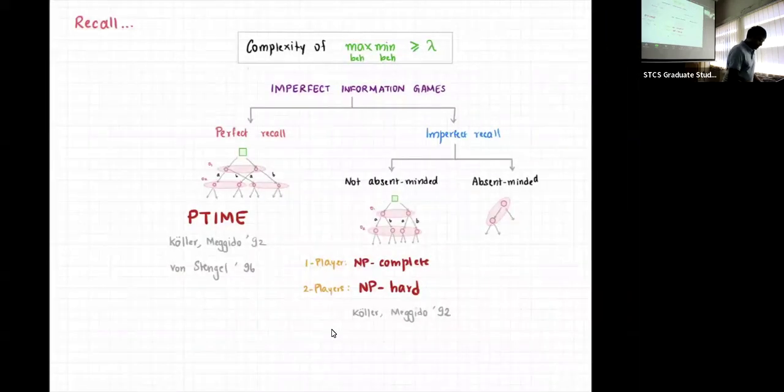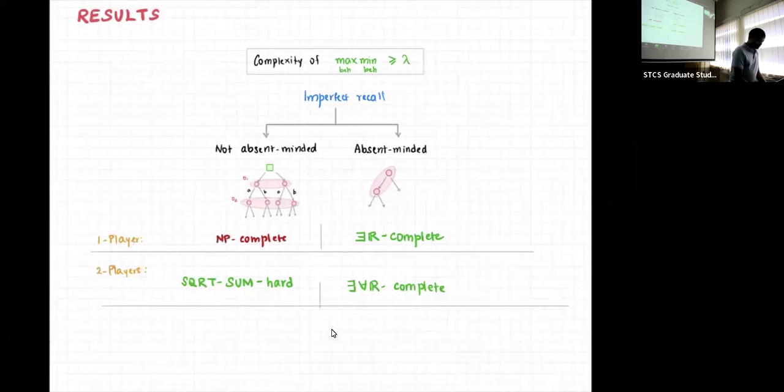Yes. So I hope you have a perfect recall of what we said before. This is where we were, and here are the results. In the absent-minded case, we could show tight bounds using these classes.